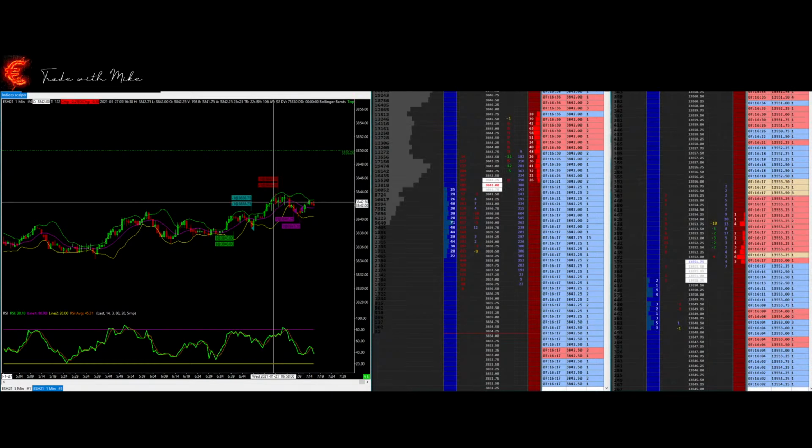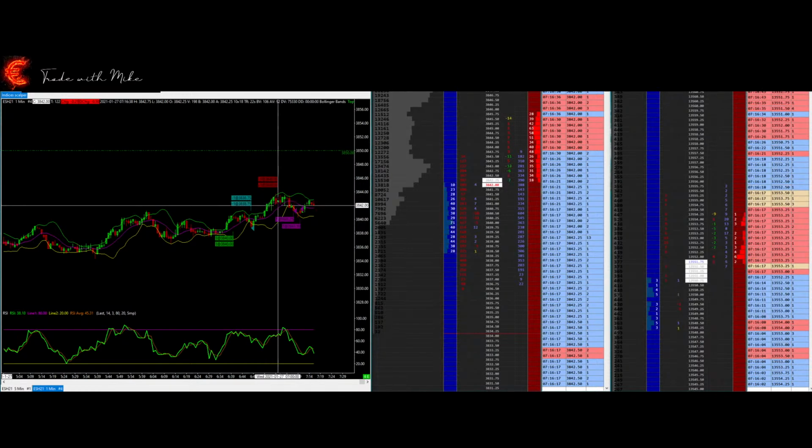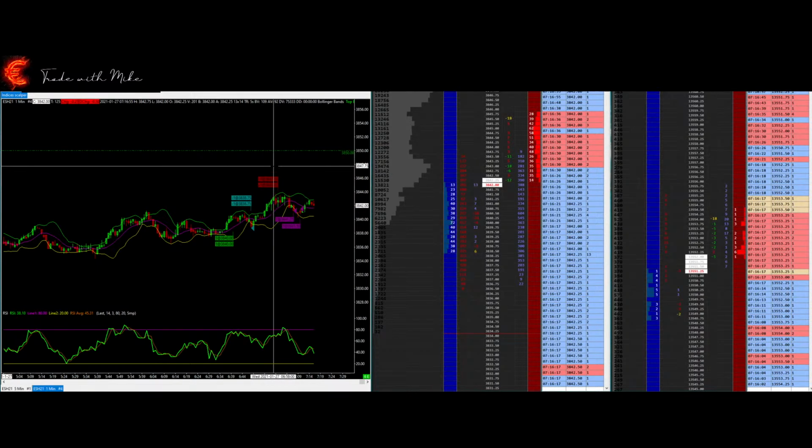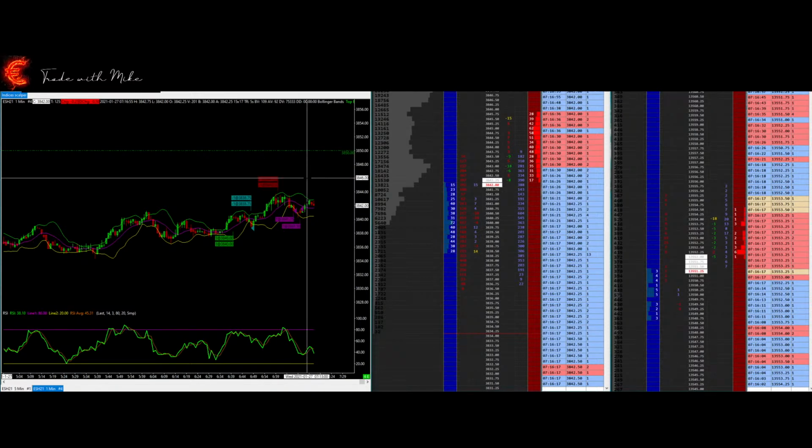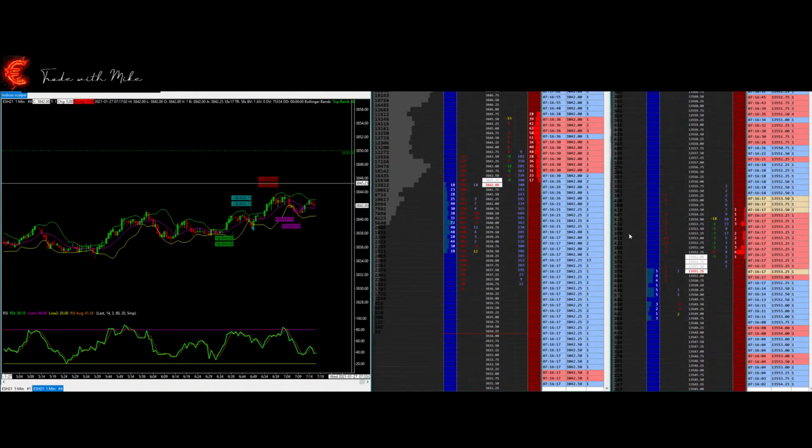Here at the price of 42.50 I was selling, where I took profit target of 4 and 5 ticks. So basically for this morning I'm down a quarter of a point, but it's okay.